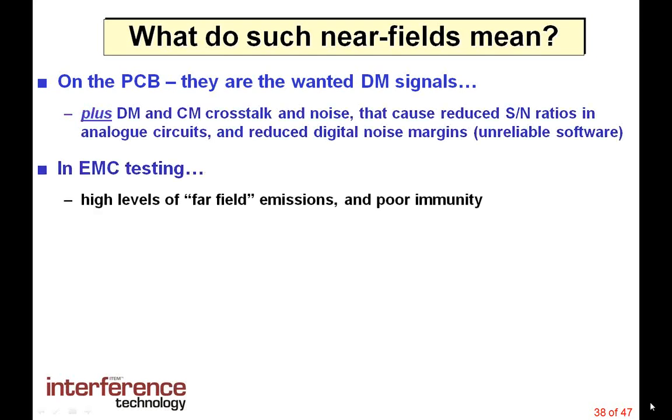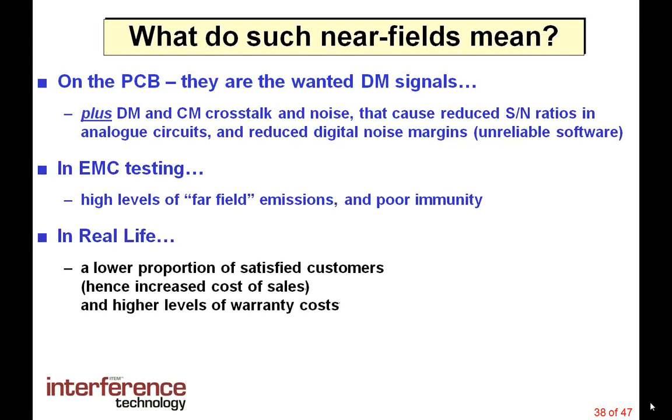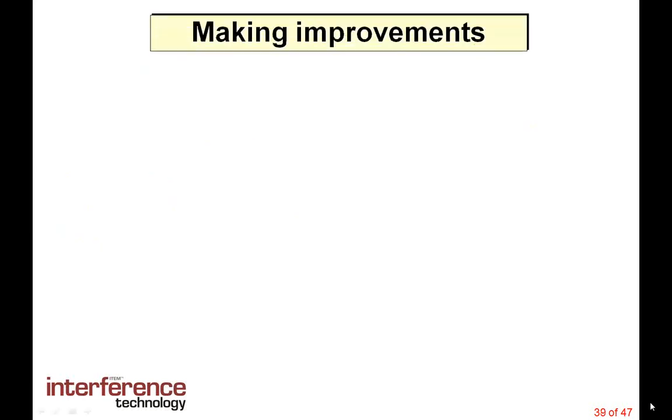In EMC testing, it means high levels of far-field emissions, which is what they measure in an EMC test lab, and poor immunity. In real life, it means a lower proportion of satisfied customers, an increased cost of sales, because you have to spend more money on advertising to ship the product, and higher levels of warranty costs as products fail in the field because of EMI and are sent back under warranty.